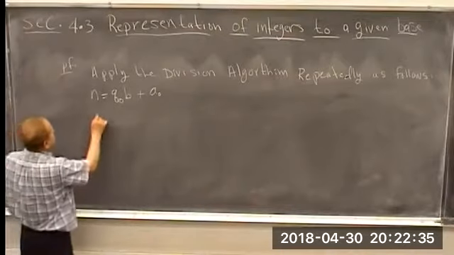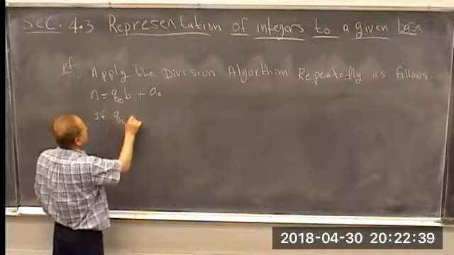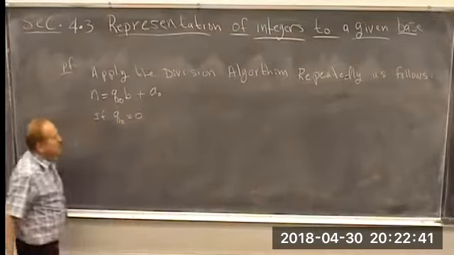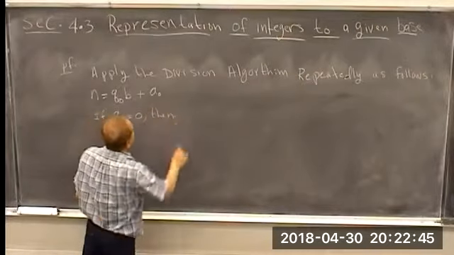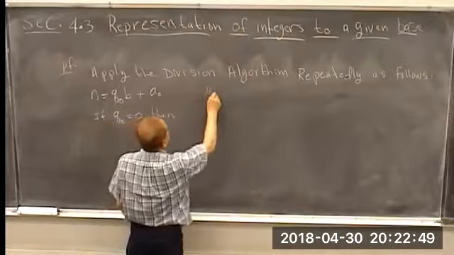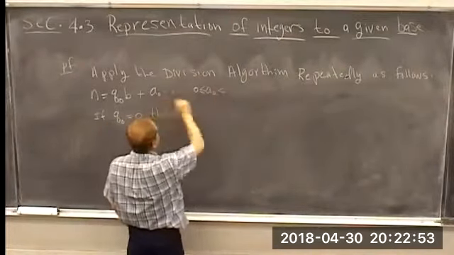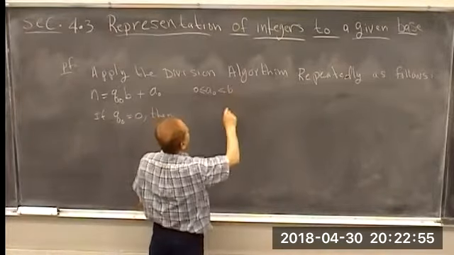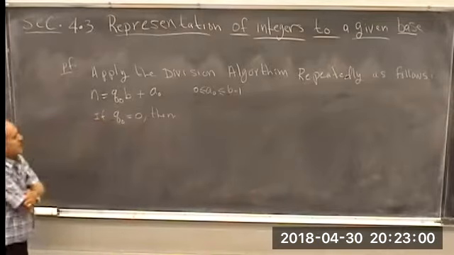Now, if it happens that q_0 is equal to 0, then we are done. Remember that a_0 in here is bigger than or equal to 0 and less than or equal to b minus 1. All right? Let's put it that way.